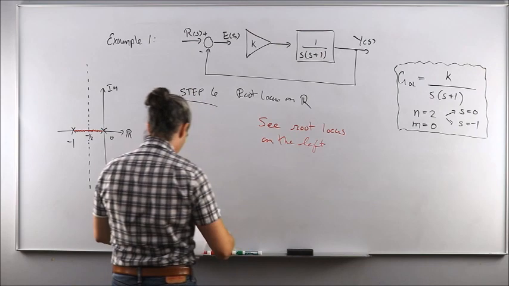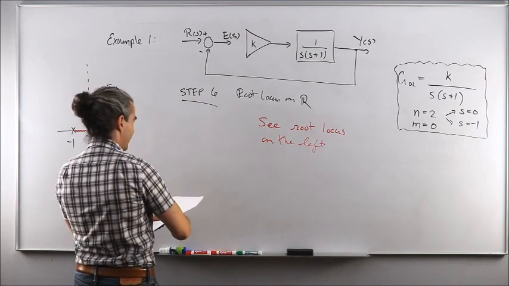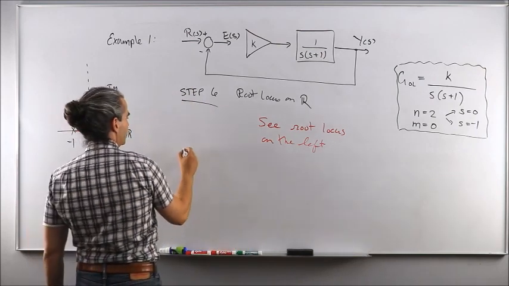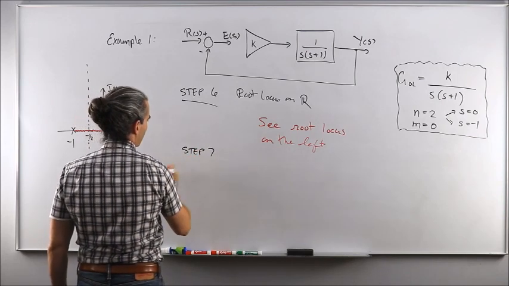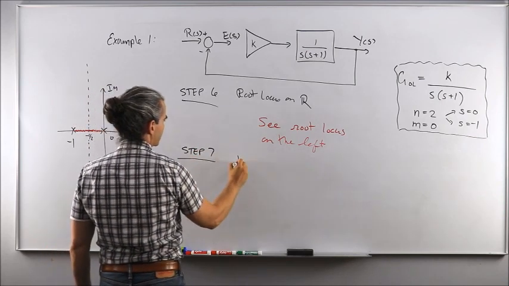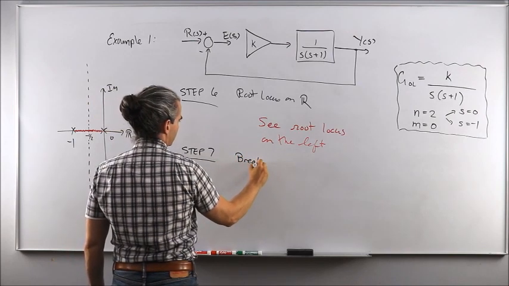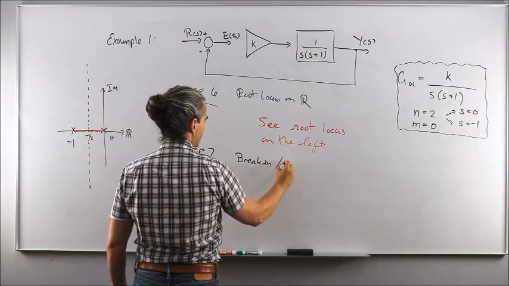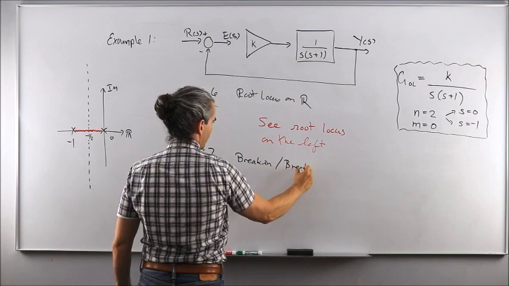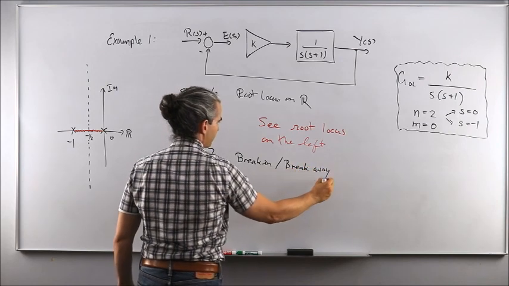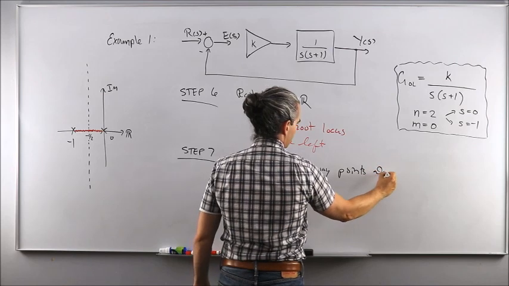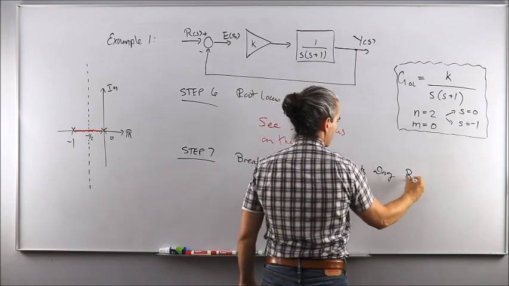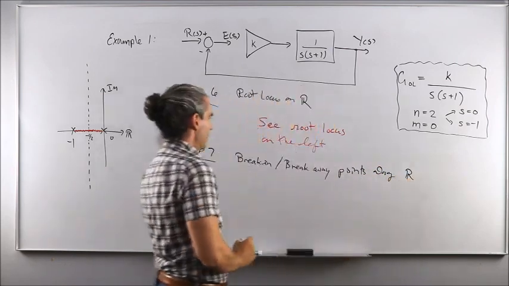Step 7, break in point of the root locus along the real axis. Break in slash break away points along the real axis.